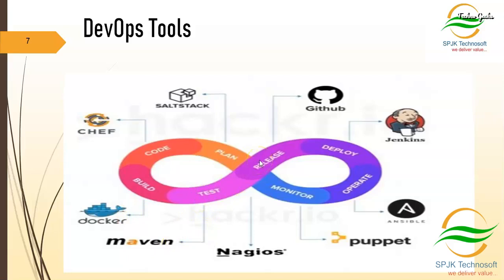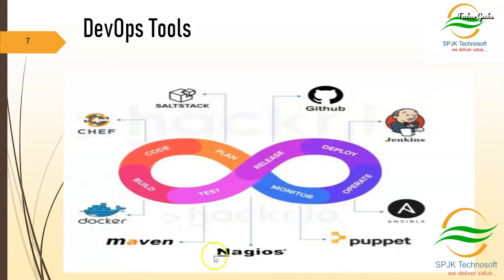For release purposes we use GitHub, which most of you already know, because it's a software configuration management tool. For deployment we use the Jenkins tool, for operate we use Ansible, and for monitoring we use Puppet.